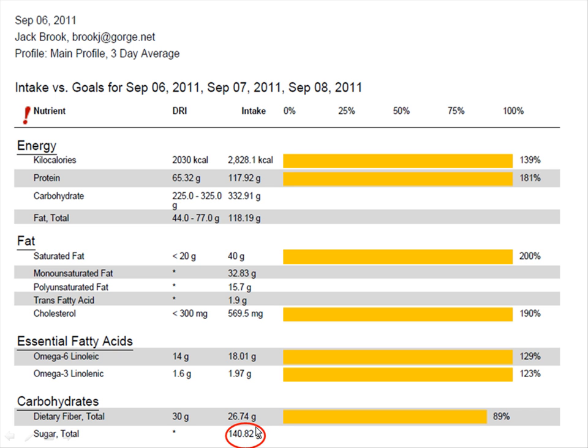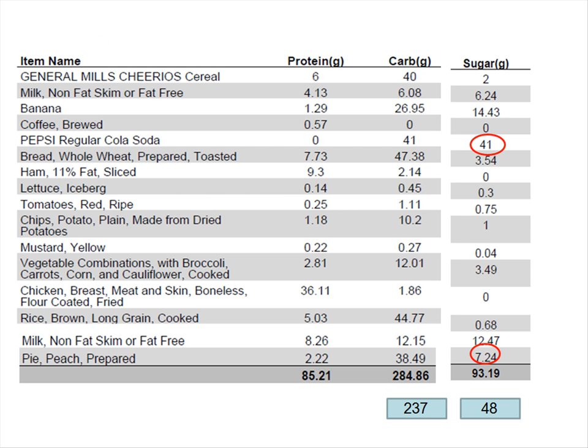But as I mentioned, in your analysis program, your sugars include both natural sugars from fruit and things and your refined sugars. So what we're going to have to do is determine specifically what our refined sugars will be. So what that's going to force you to do is go into each day spreadsheet, which you'll find at the very last pages of your 3-day average set of pages.